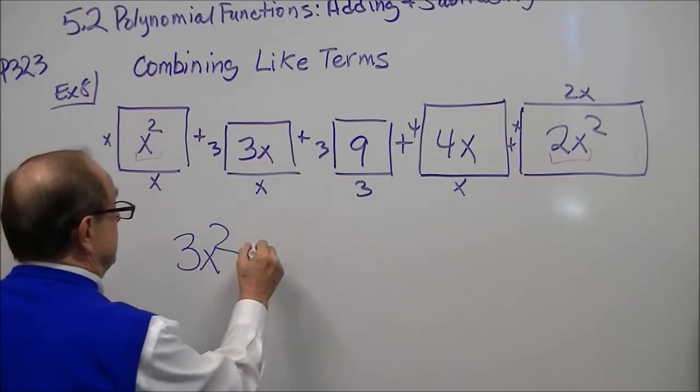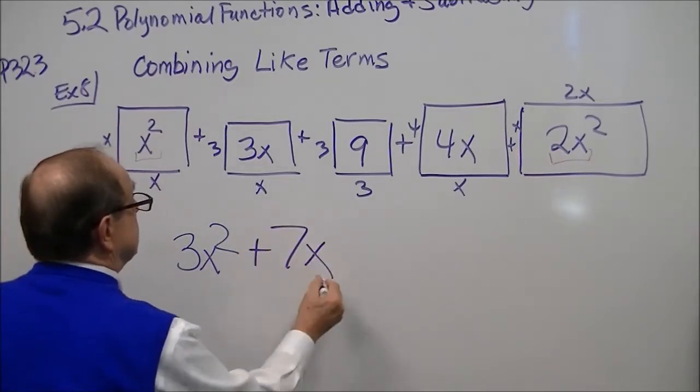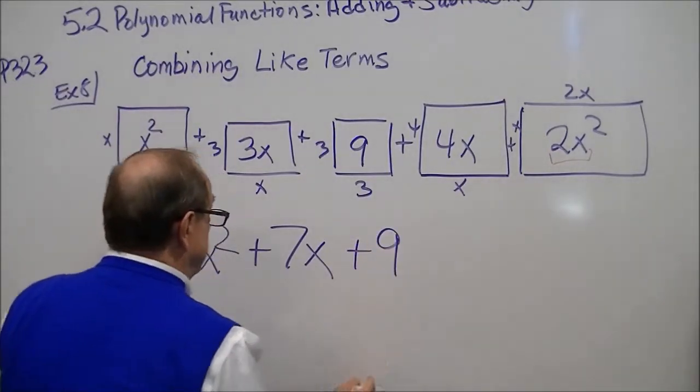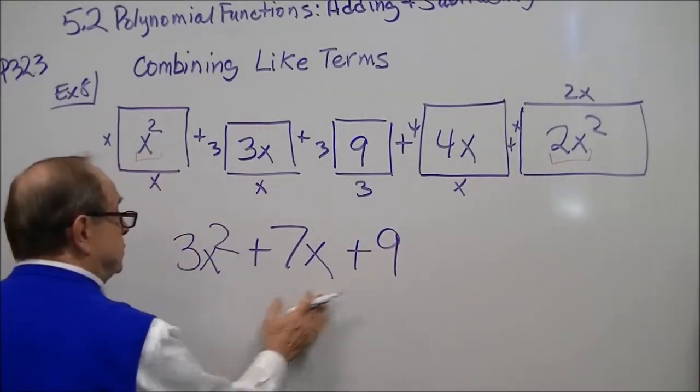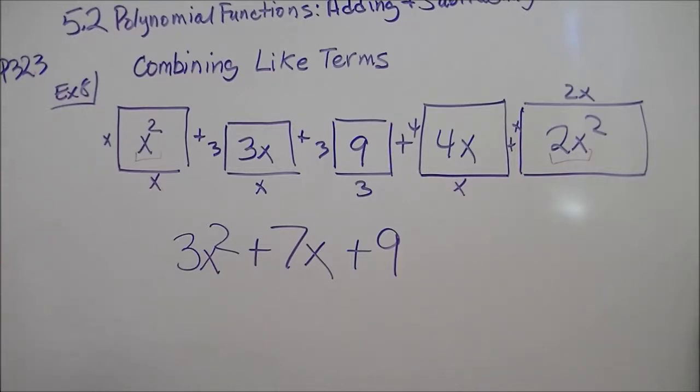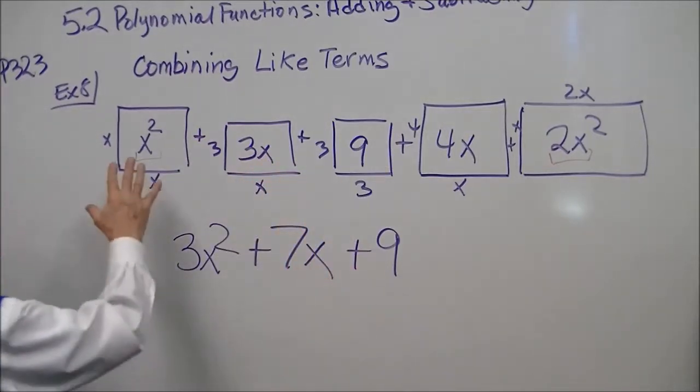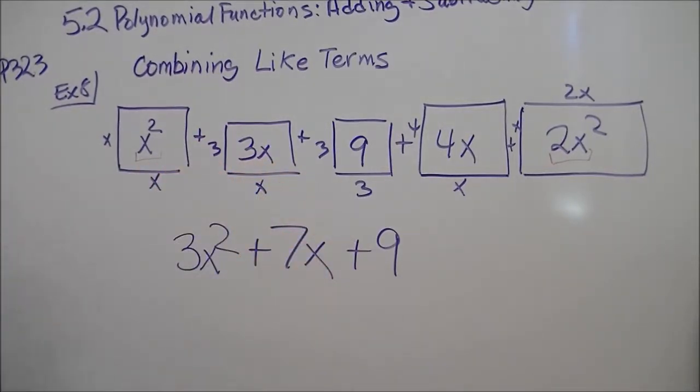Add those together, I'm going to get a 7x, and I have a single 9. So when you see a trinomial that looks like this, it might be a representation of various areas of these sort of figures. Again, my figures aren't exact, but to show you and illustrate what it's like.